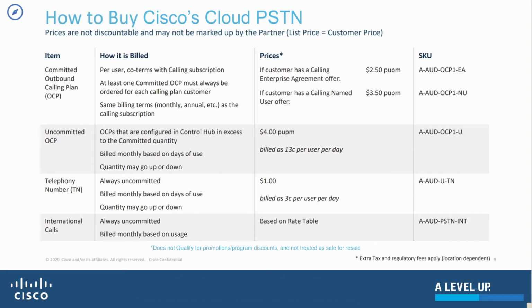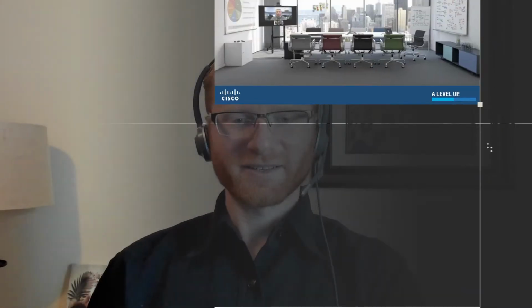And that's charged on a 13 cents per user per day basis. And then you have your telephone numbers as well. So those are your direct inward dialing numbers, and that's $1 a month or 3 cents per user per day. And then you have your international calls, which, like I said, those are based off of a larger table, which you'd want to ask Cisco for help on that one, figuring out the price points that you should be looking at.